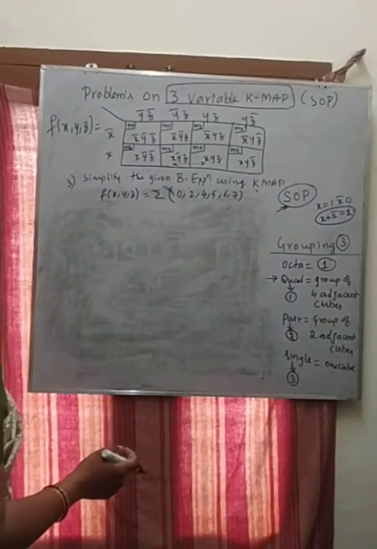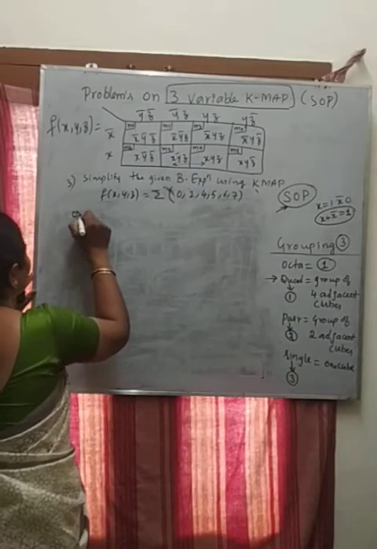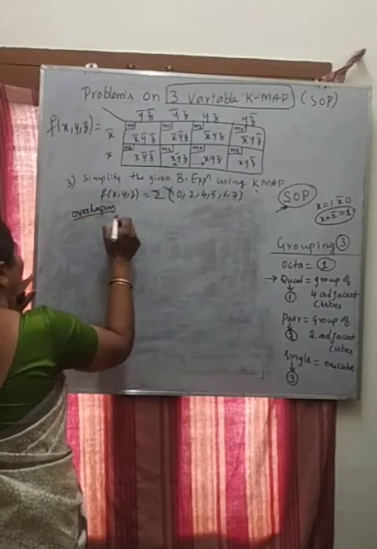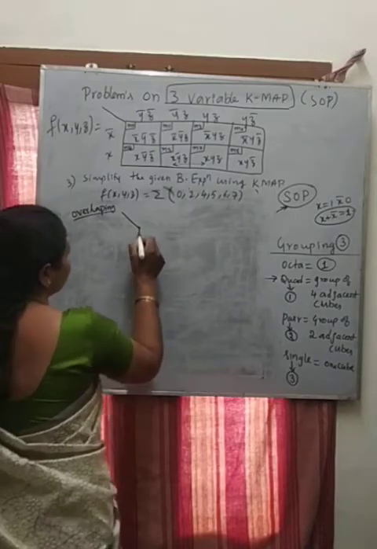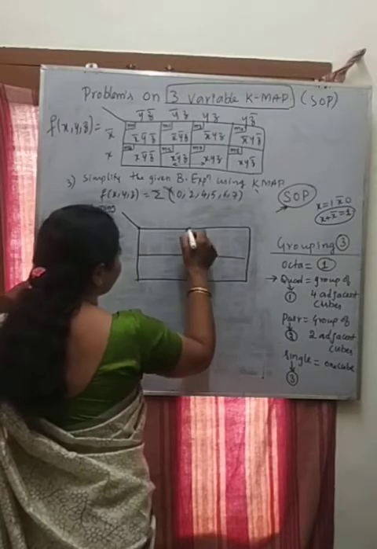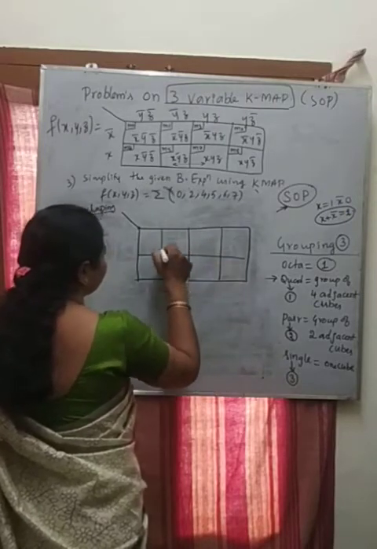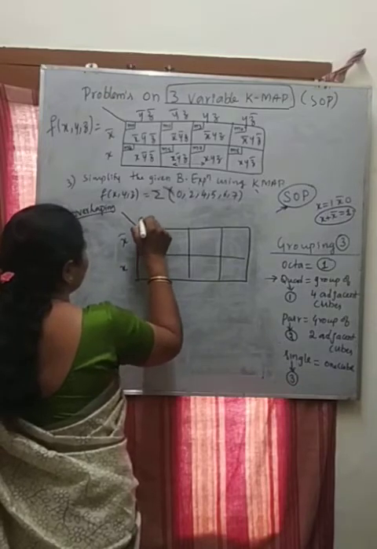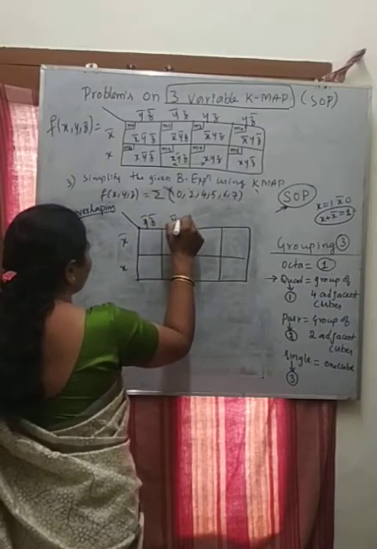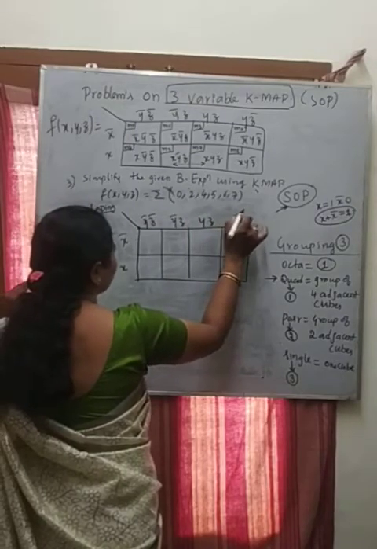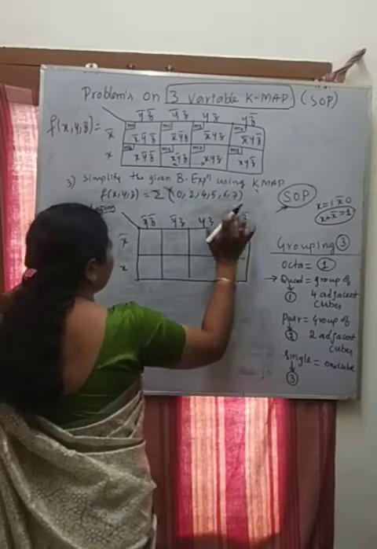Here it's a very, very important one. First, the overlapping problem. Write down the terms: X complement, x, y z complement, y complement z, y z, y z complement.